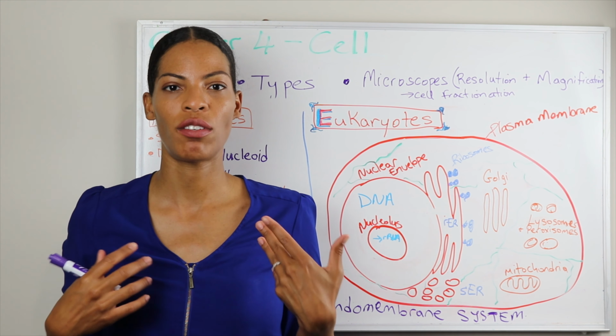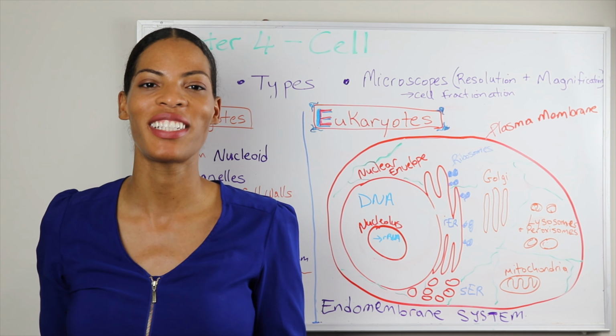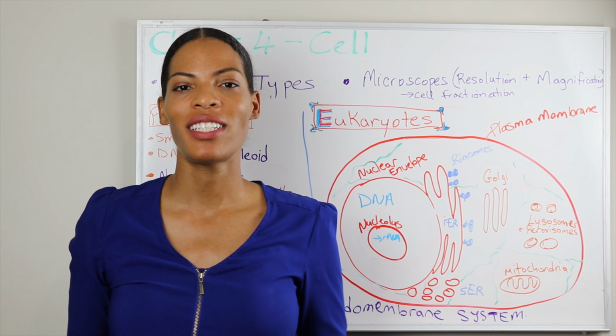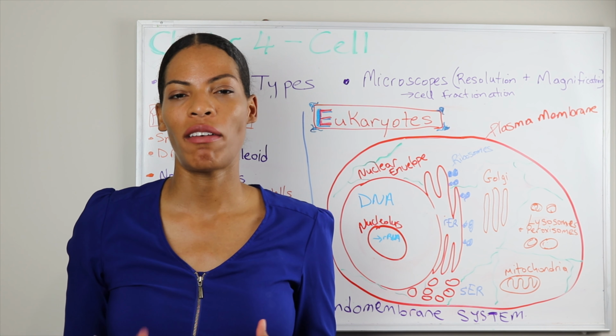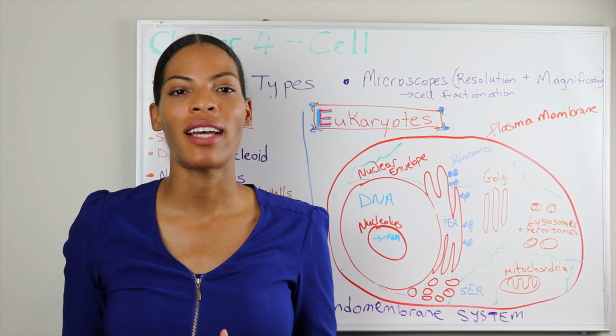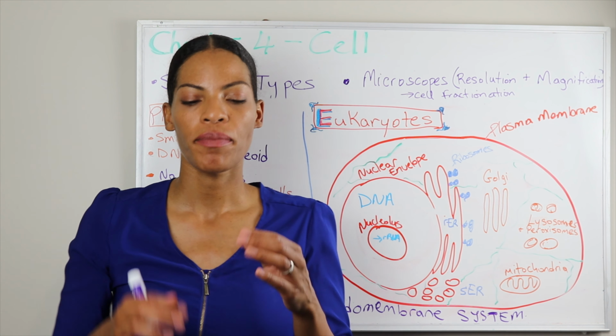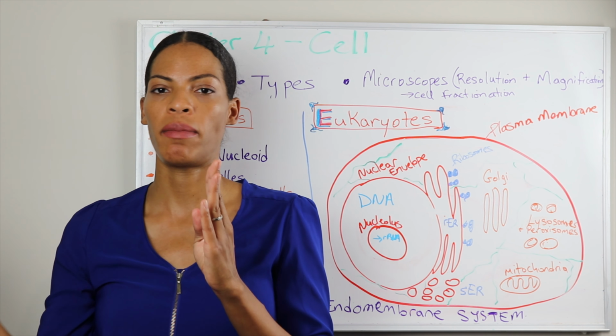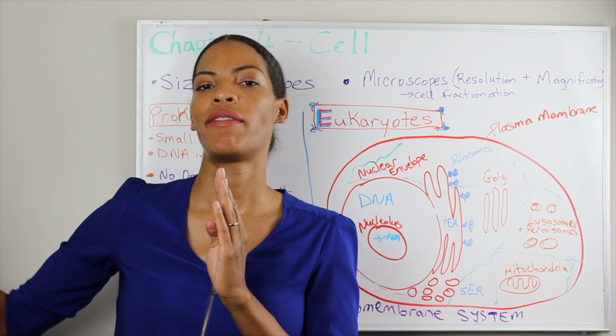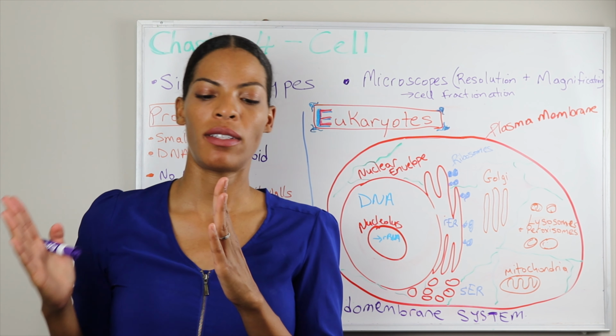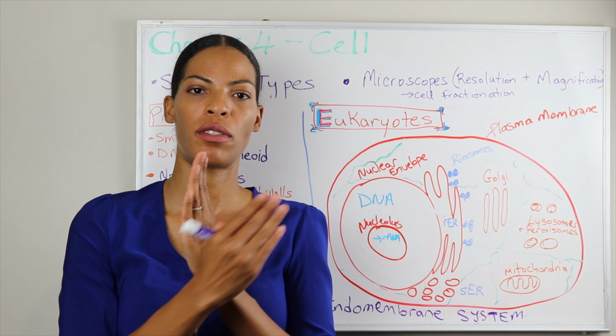That's called centrifugal force. That force can separate different molecules based on their size. If you're really heavy, you're going to go further away from that central point of rotation, and if you're light, you stay closer to the center.